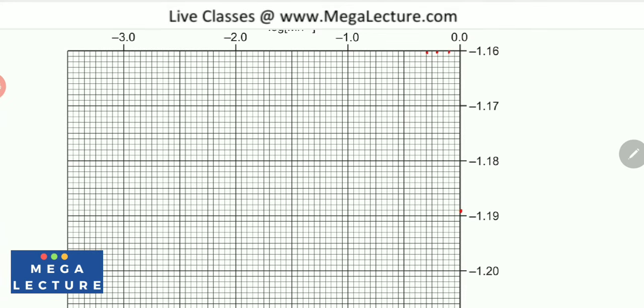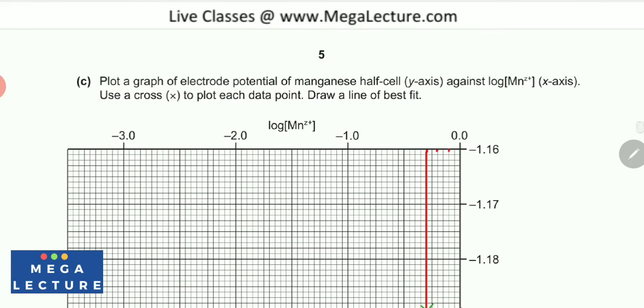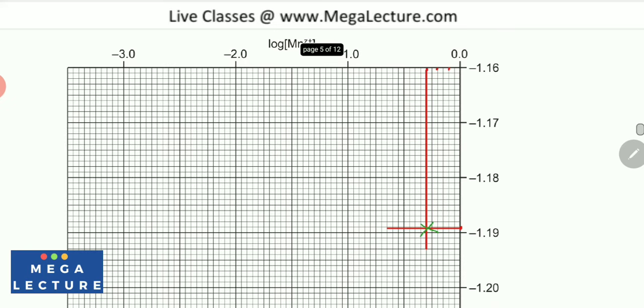So our value would be at the intersection of these 2 points, and we're going to mark it with a cross. So put a cross over there. Follow the instructions again, because they had explicitly told us to put a cross. Remember, in reality, you're not going to draw these lines. What you're going to do is put a scale over here.